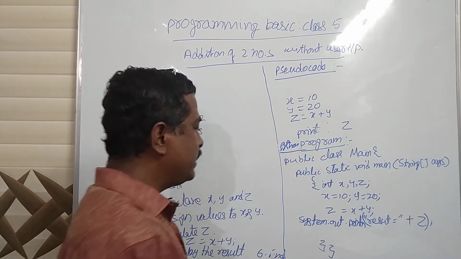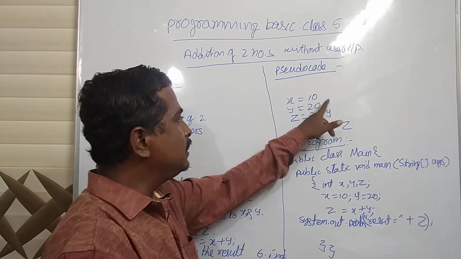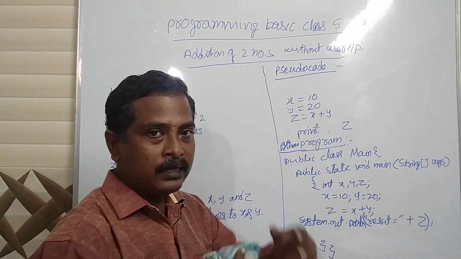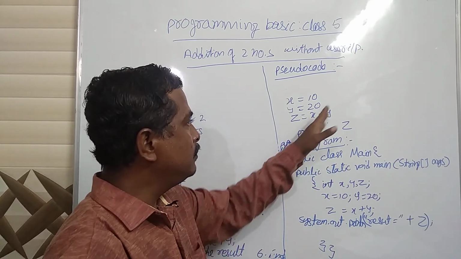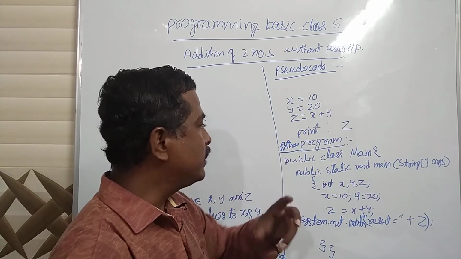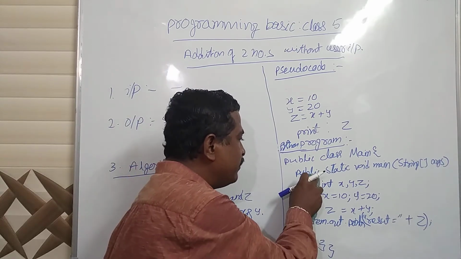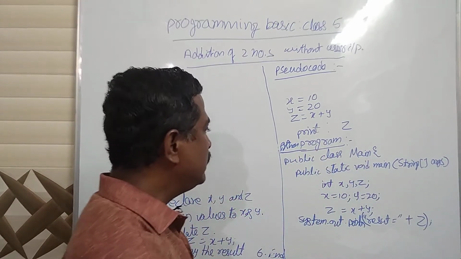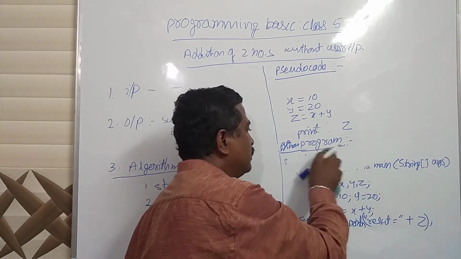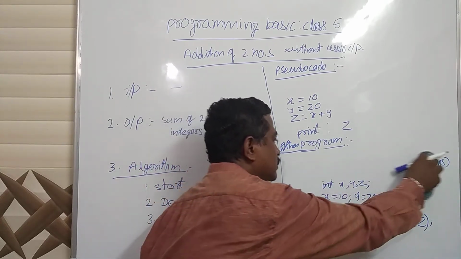In Python, what will we write? In Python, there is no special character. In the next video we will see regarding tokens. There we will know there is no curly bracket in Python. Okay, so these formats are also not there.